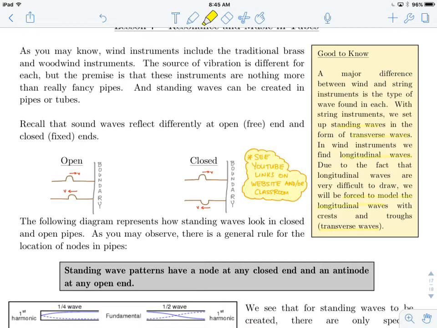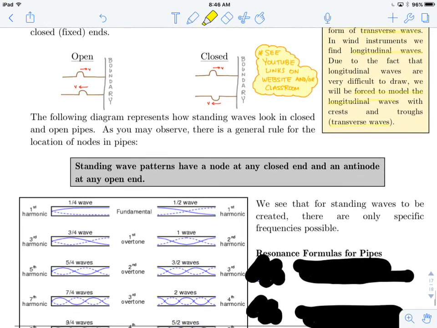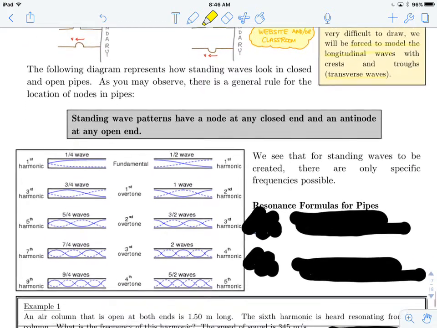So the diagrams that you're going to see are not exactly accurate because we're using transverse waves to draw them. And really, in tubes, we have sound, which is longitudinal waves, vibrating through. We'll take a look at an example of this using a Rubens tube as a demonstration.